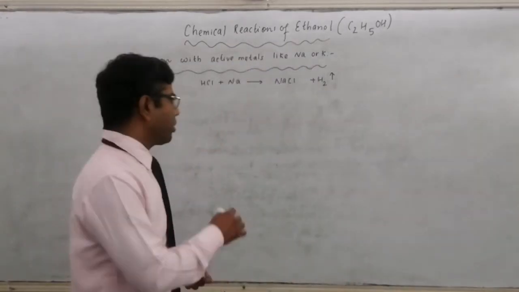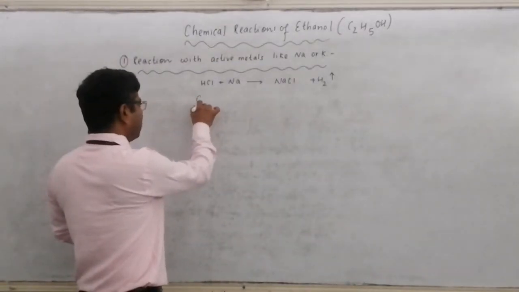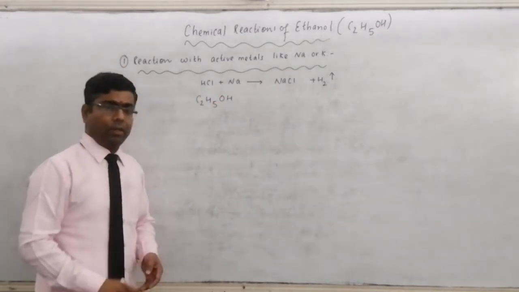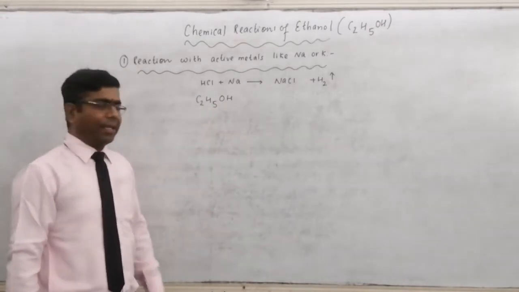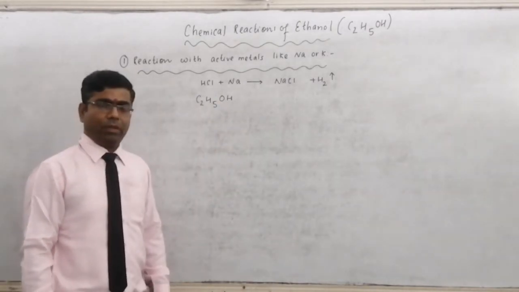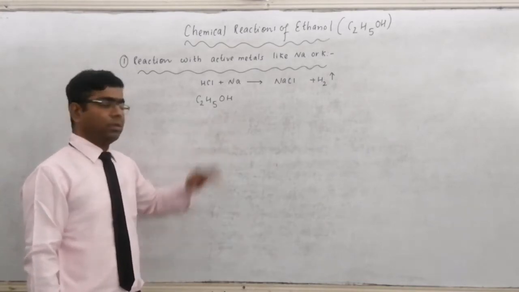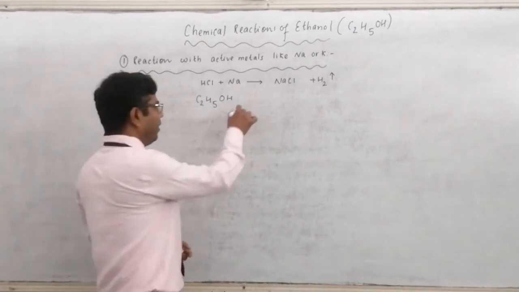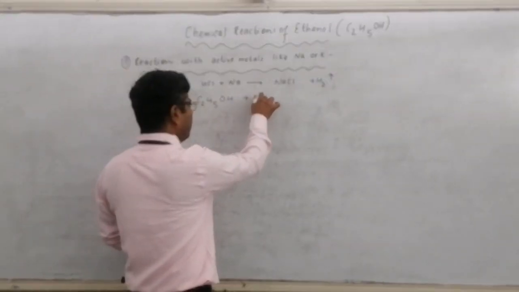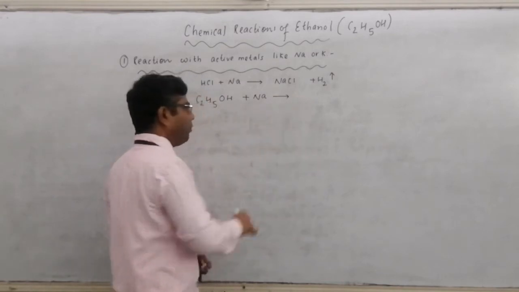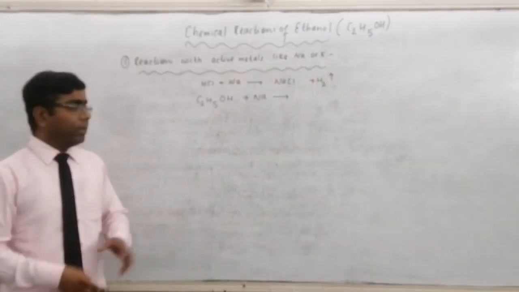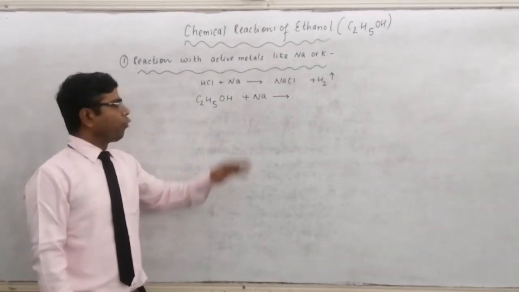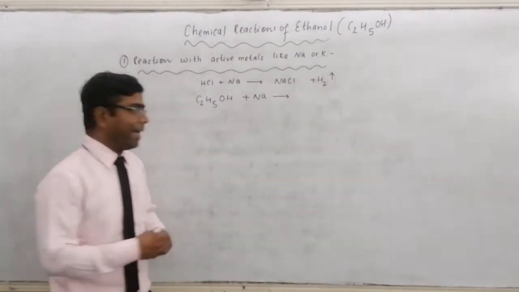So if we talk about ethanol, that is C2H5OH, this hydrogen is attached with the oxygen atom. So this hydrogen is active hydrogen. When alcohol is made to react with an active metal like sodium, then sodium will displace active hydrogen from ethanol in the form of H2 gas.